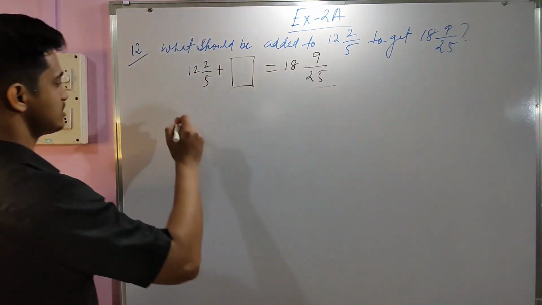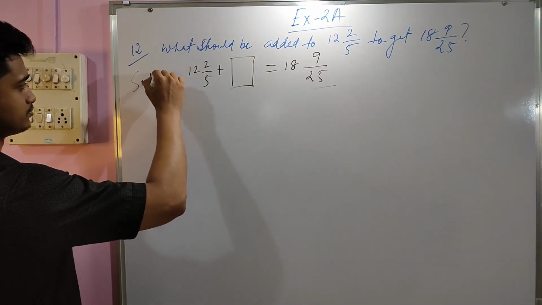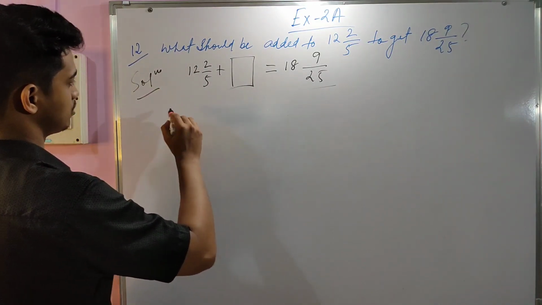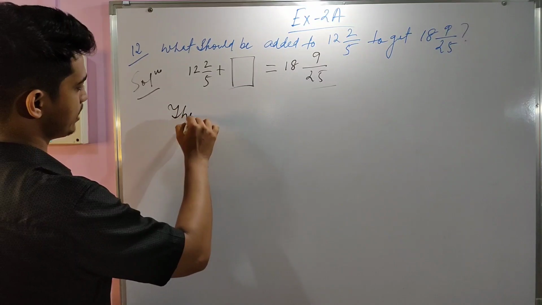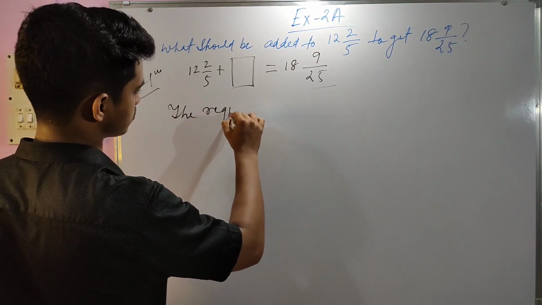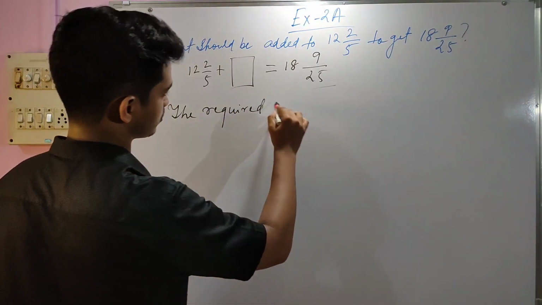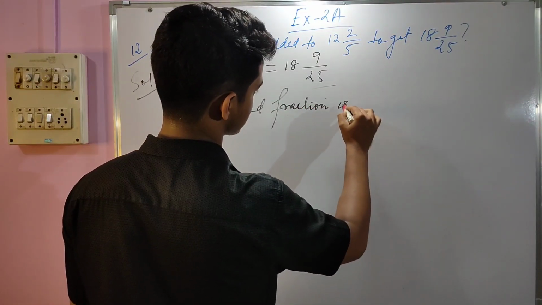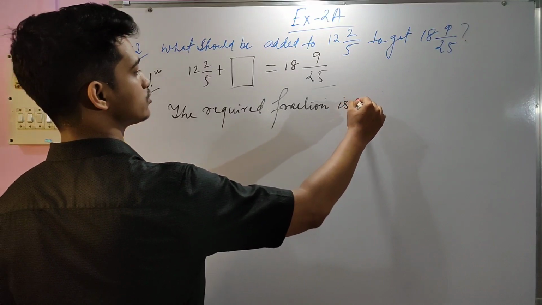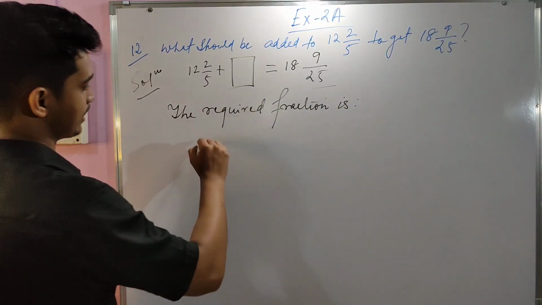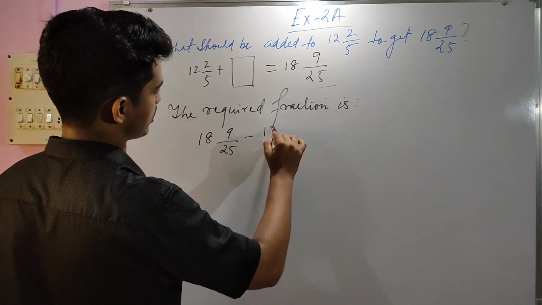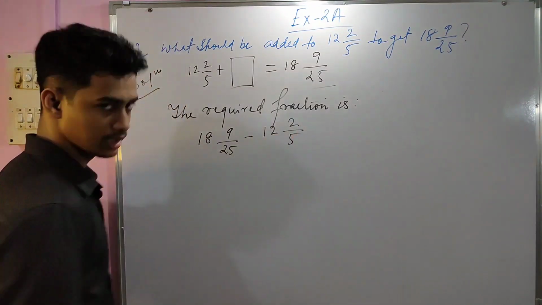So what is the process? The required fraction is: now put one column, 18 9 by 25 minus 12 2 by 5, right?